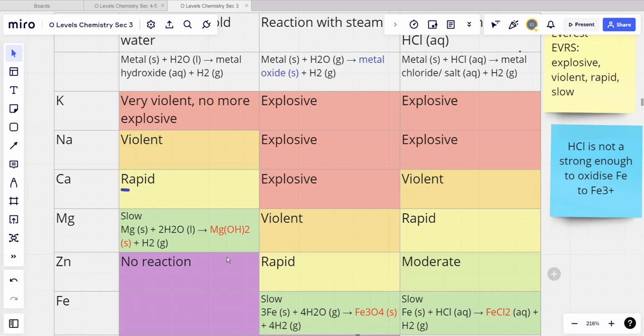This one is a very special iron oxide. It's called magnetite, even though I've never seen them asking for the name before, but you have to know the formula, Fe3O4. Now, what is special is it's a mixture.